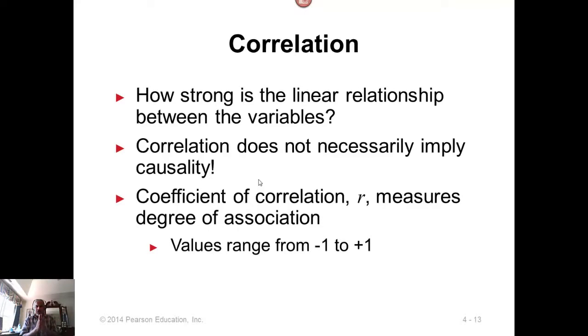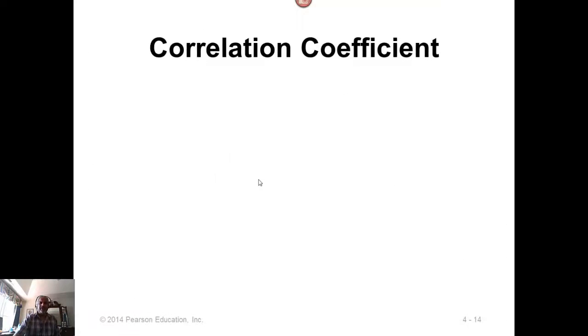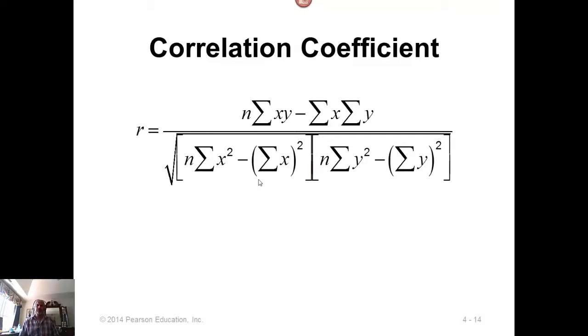How strong the correlation is is given by the number. If it is -1 or +1, that means there is perfect correlation. A number closer to 0 means the correlation is very weak or non-existent. So the closer R is to either the +1 side or the -1 side, the stronger the relationship. And here is the formula that we will use to find the correlation coefficient.